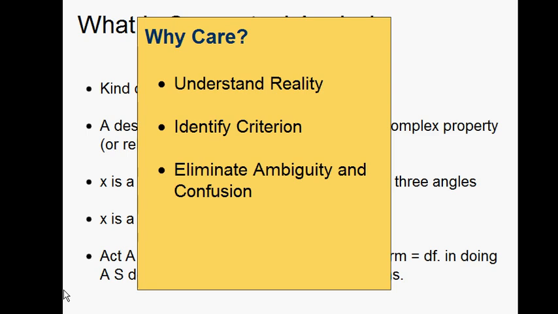Conceptual analysis will also help us eliminate ambiguity and confusion. If you're going on and on talking about a certain kind of concept, say is a person, and someone else is going on and on using that same concept, if you've both done your conceptual analysis homework and have thought carefully about what it is to be a person, it might make it easier for you to spot potential ambiguity or confusion, where maybe it would be easy to see that you're talking past one another, because when you thought about what it meant to be a person and when they thought about what it meant to be a person, you realize that one of you has elements in that analysis that the other one doesn't.